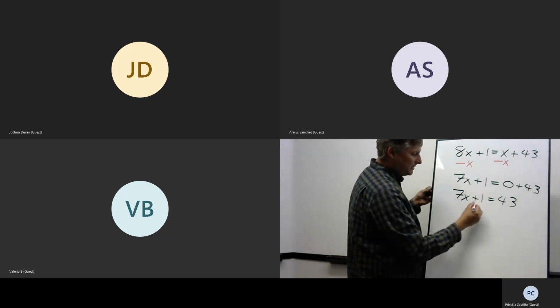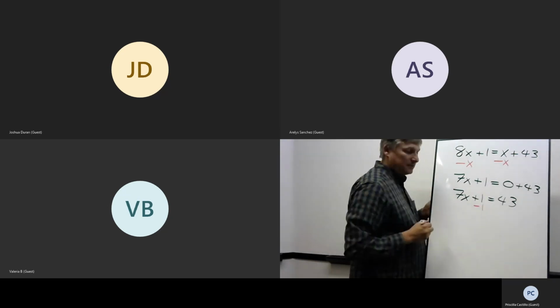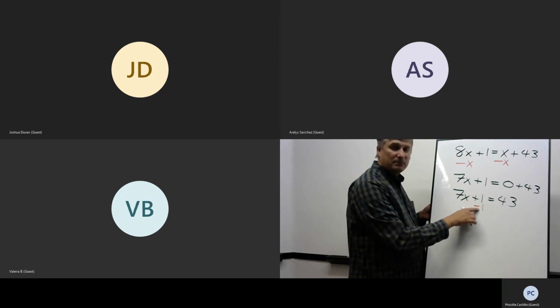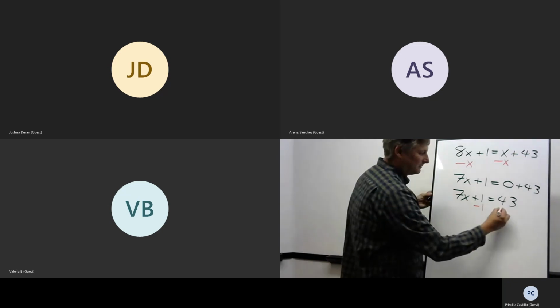So I can eliminate this number that's still on the x side, positive 1, added to a negative 1, you're going to get 0.